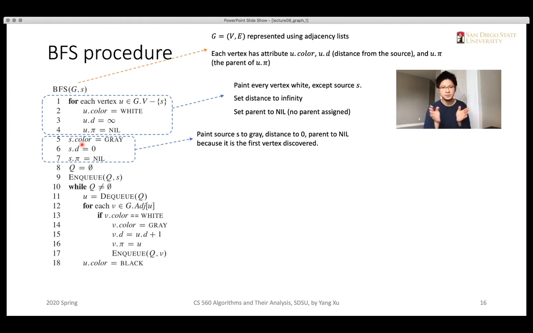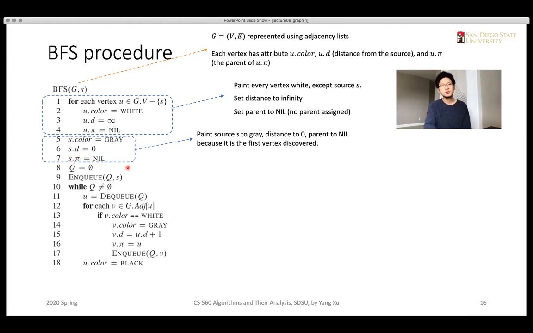The distance is 0 because this is where we start. The parent is also none because there are no other vertices above S in the resulting BFS tree, so there's no parent of S.